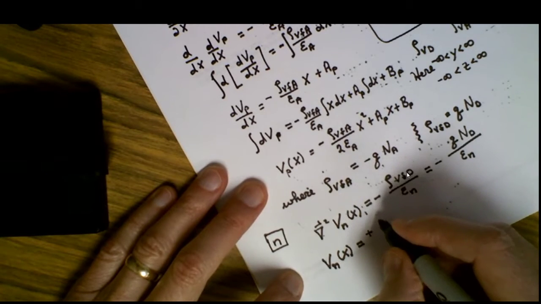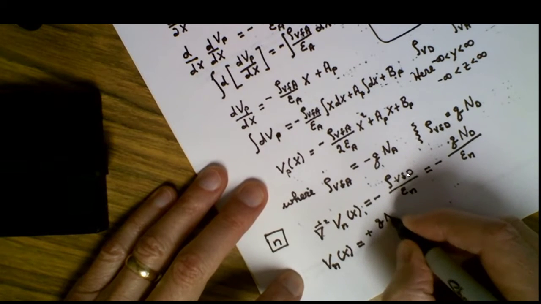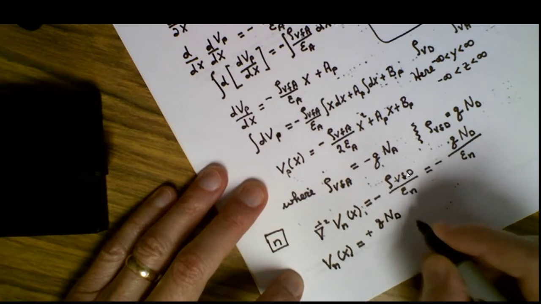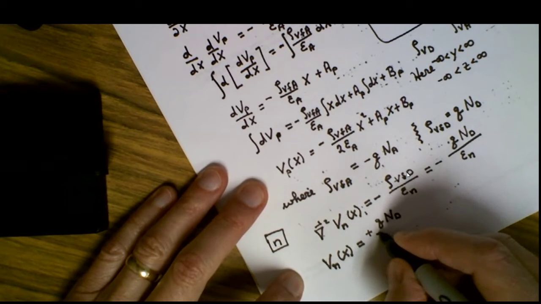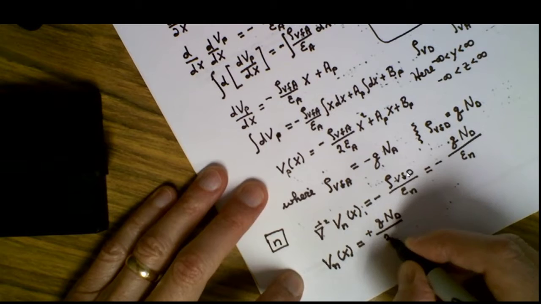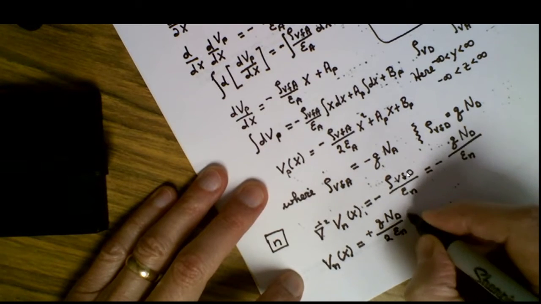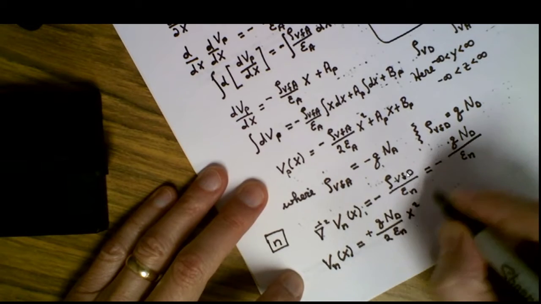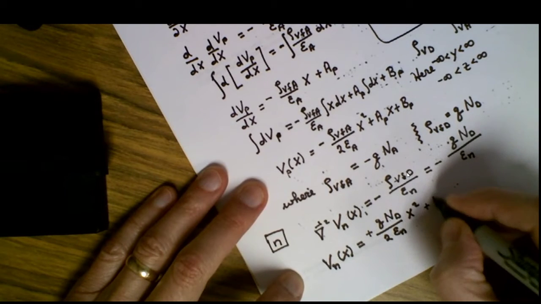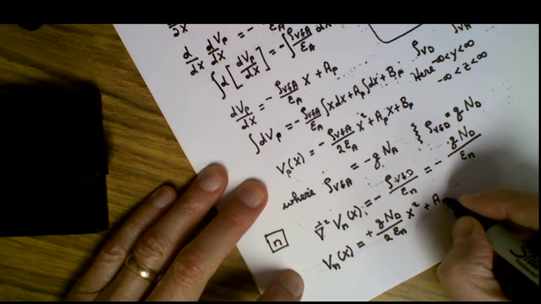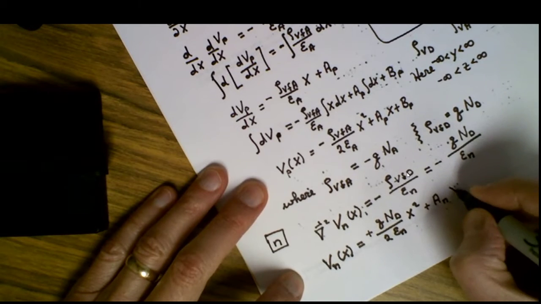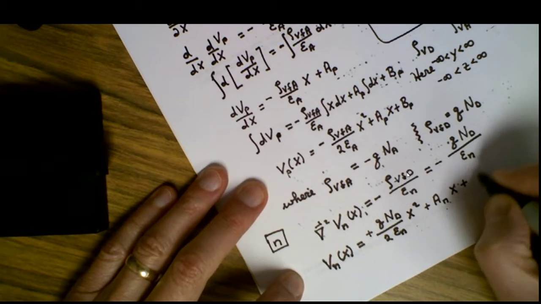That's going to be equal to Q times the number of donors per unit volume divided by 2 times the permittivity, epsilon sub n, times x squared, plus a sub n, our new constant of integration, times x, plus b sub n.